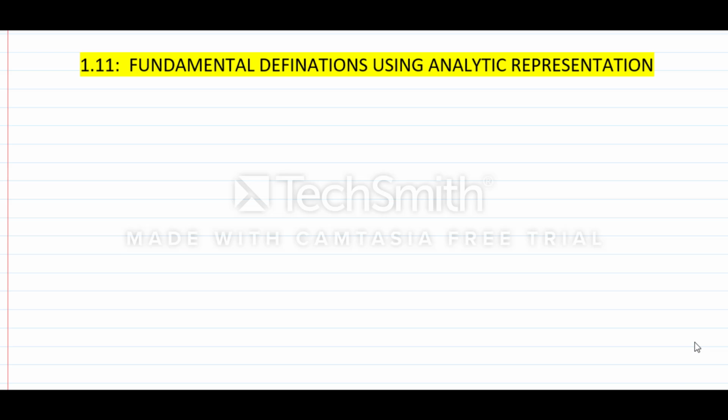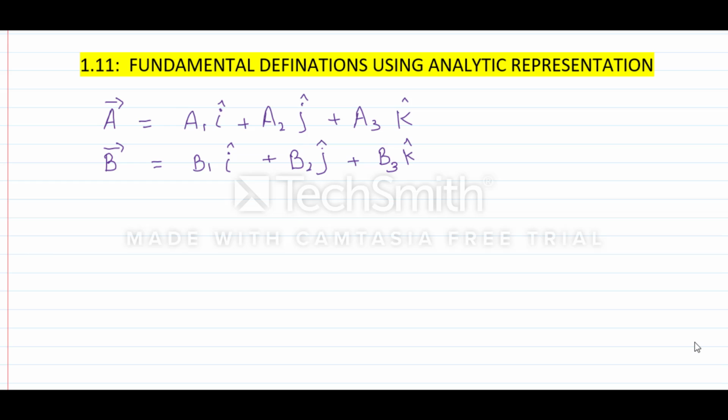Students, our next topic is fundamental definitions using analytical representation. First of all, I will teach you definition of equal vectors. Let A is equal to a1i plus a2j plus a3k and B is equal to b1i plus b2j plus b3k.